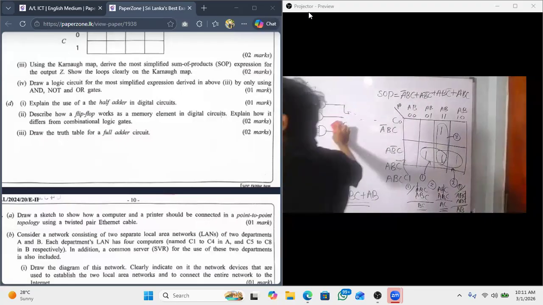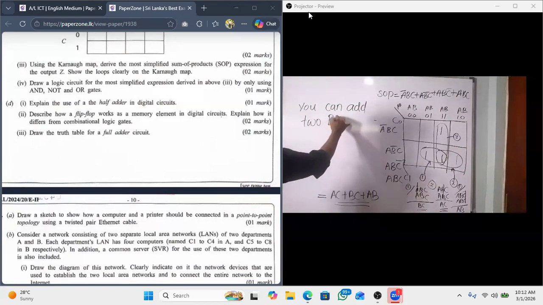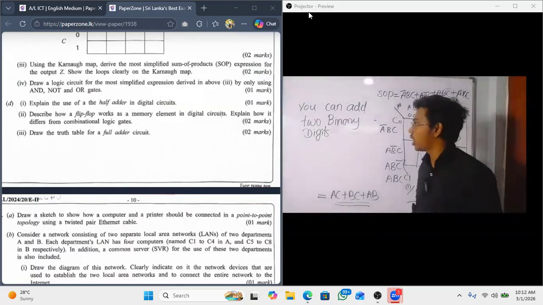Easy questions here. Only one bit. Half adder can only add 2 bits, two 1-bit numbers, 2 binary digits. You can only add 2.